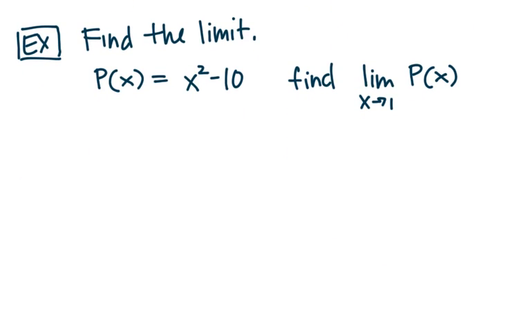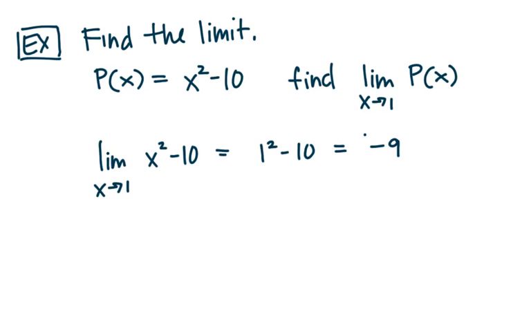In this situation, that means the same as finding the limit as x goes to 1 of x squared minus 10, which would be 1 squared minus 10, or -9. So the limit as x goes to 1 of x squared minus 10 is -9.